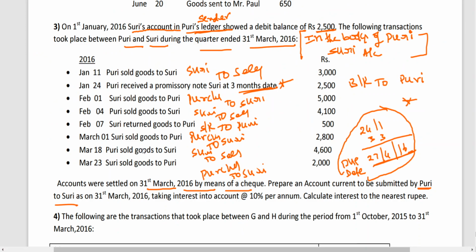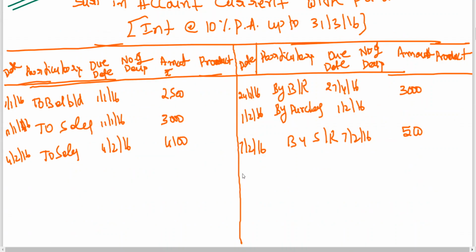Next, Suri sold goods to Puri. Entry March 1st. Purchases to Suri. Suri by purchases March 1st, $2,800.